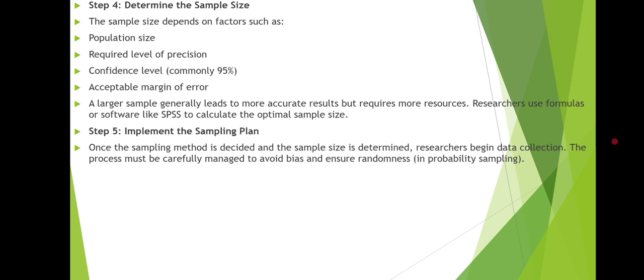Next step, we have implement the sampling plan, which means once the sampling method is decided and the sample size is determined, researchers begin data collection. The process must be carefully managed to avoid bias and ensure randomness.